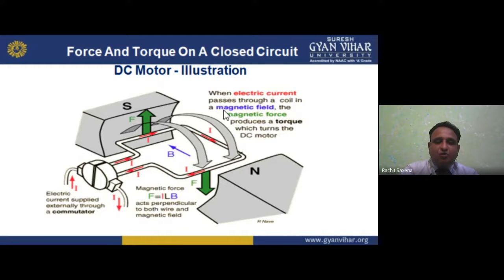The permanent magnet is not easily available in the market in large sizes, but in small sizes, like bar magnets, it is easily available.